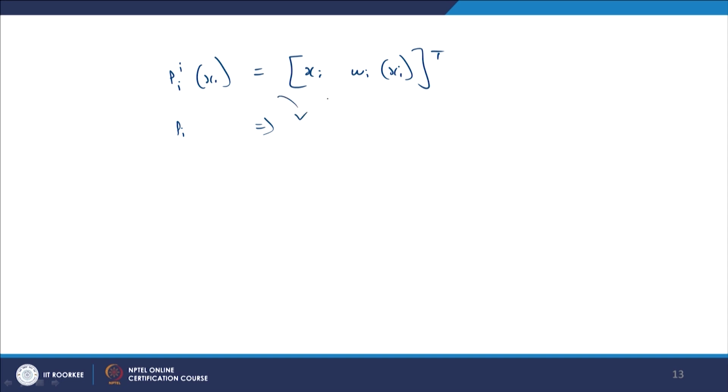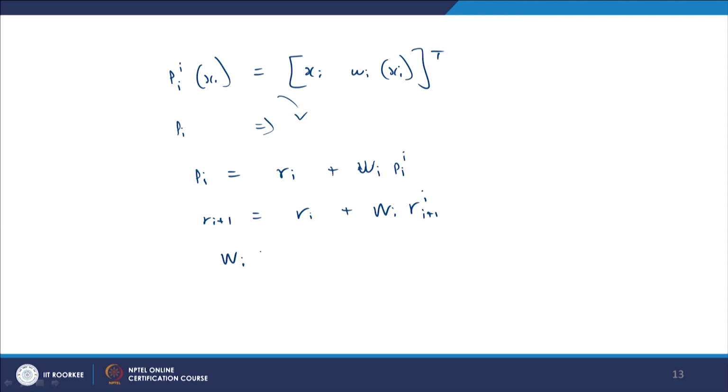Now, after defining this, we can go for a planar 2 link flexible manipulator, where the definition for P_i is given by P_i equal to R_i plus W_i P_i with respect to i, and R_i+1 is equal to R_i plus W_i R_i+1 defined in i.